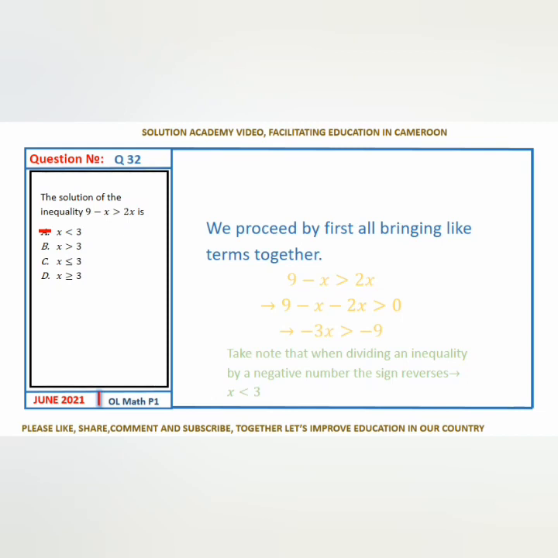Normally, if we divide both sides by negative 3, we're going to have our answer to be x greater than 3. But it's an inequality, so the sign has to reverse. So instead, the correct answer to this question will be x less than 3. Take note of the remark. So our answer is A.